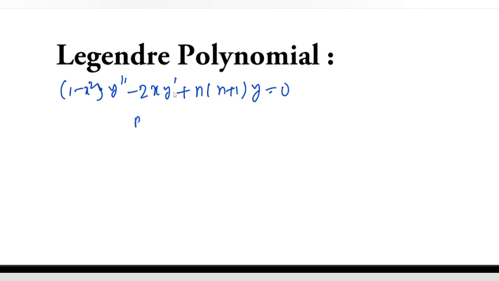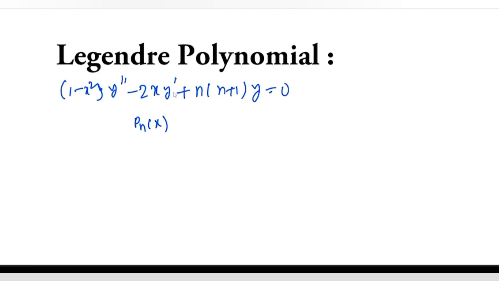First of all, we know that this will be the differential equation of the Legendre polynomial. If we solve this, we get the nth degree polynomial Pn of x.